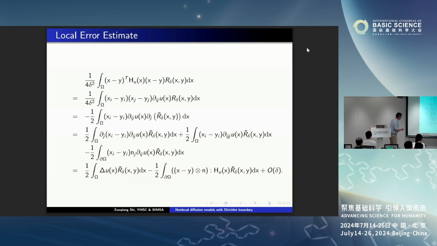This just gives us the Laplacian operator, actually. And for the second term, we put this differential operator on this one. Then we get this term. If we assume that u is smooth enough, for example, in C3 space, this term is actually small because we have an x minus y here. This term gives us the order of delta. And the last one is the boundary term.